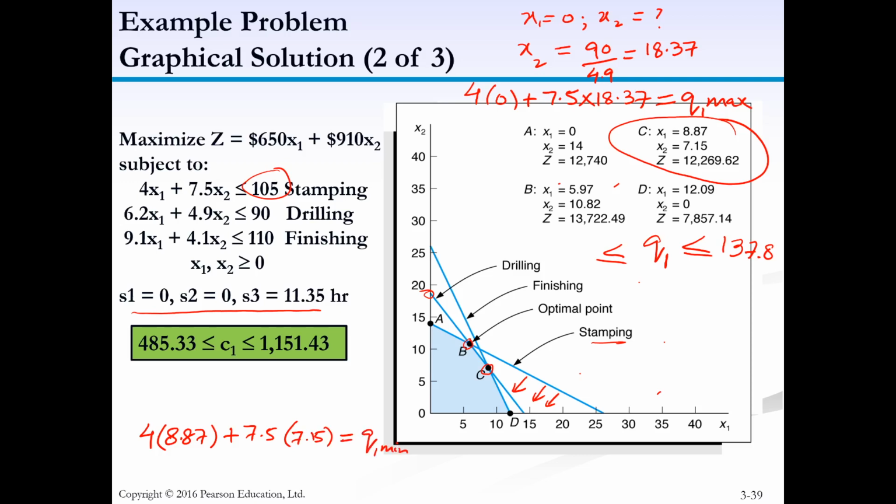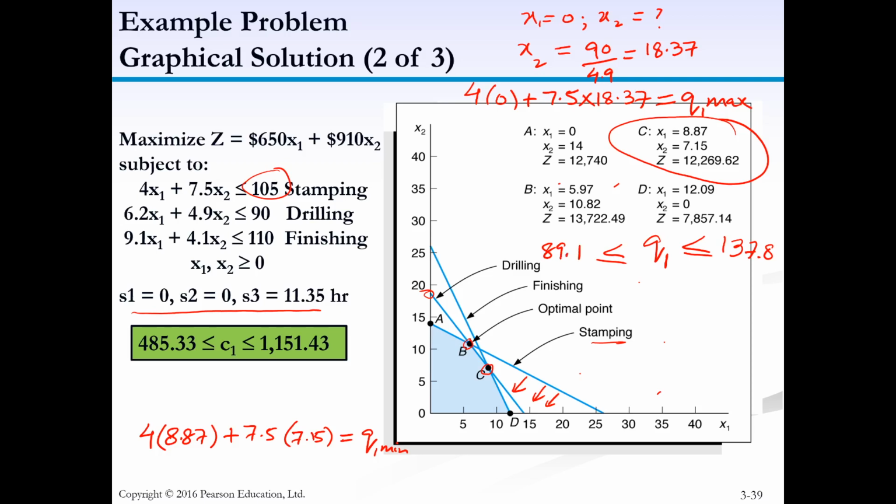Let me use the calculator. 4 multiplied by 8.87 plus 7.5 multiplied by 7.15, and what we get is 89.105. So we will have 89.1.